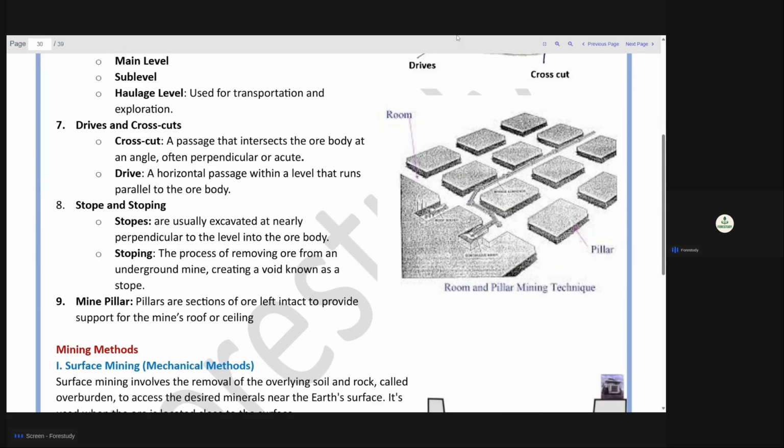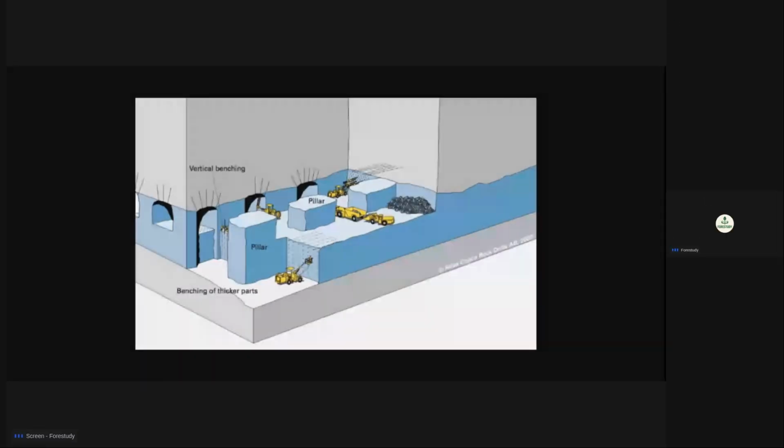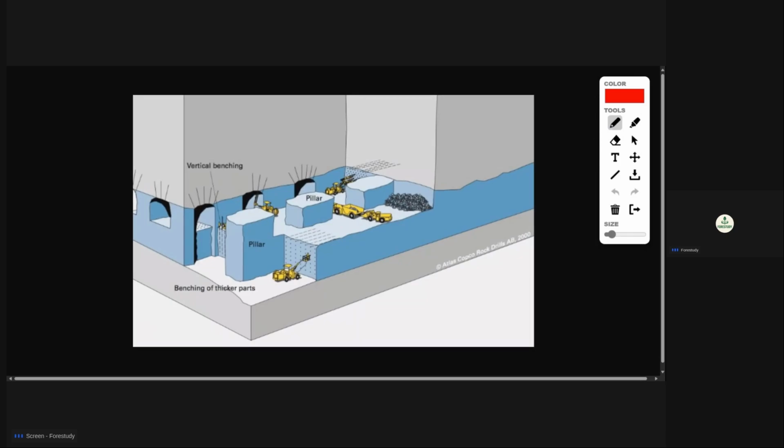Okay, I'll show you a good diagram. I hope you can see this one. So this is the pillars, which are left behind, which is giving strength to the inside chambers.